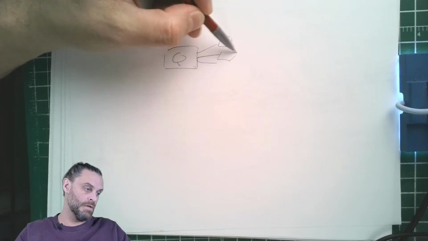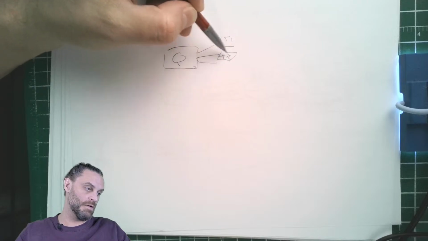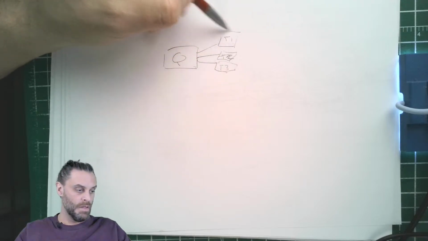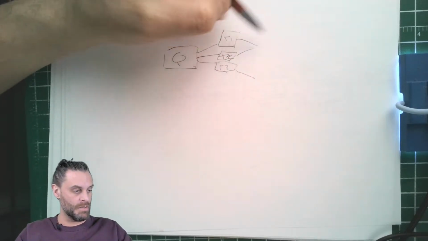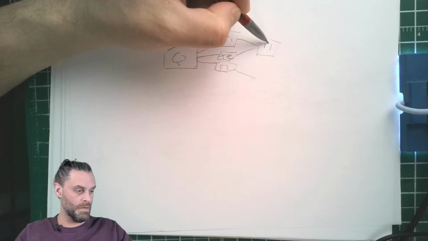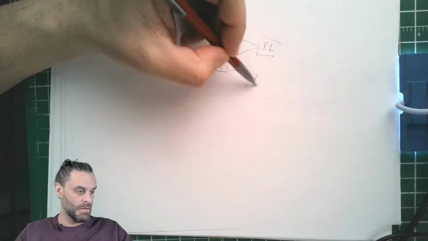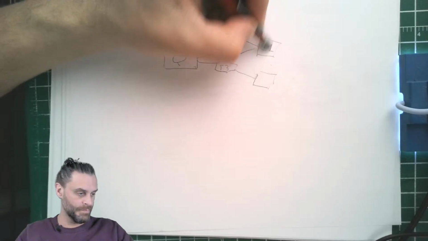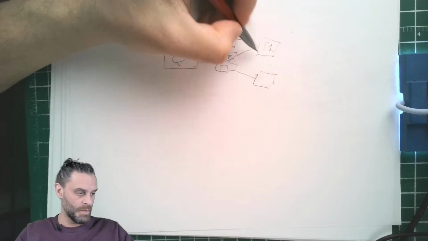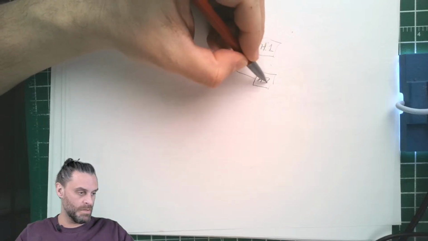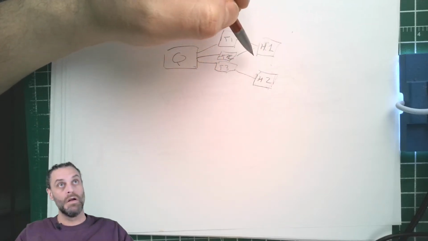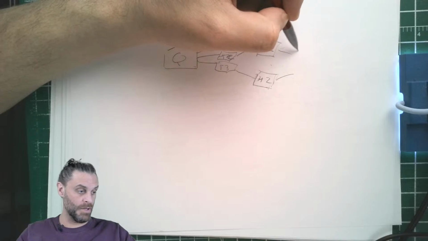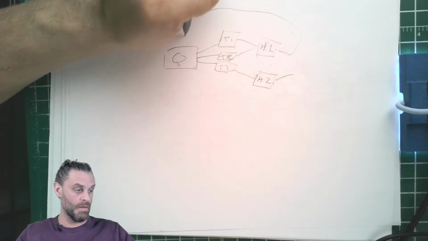T1, T2, T3, whatever. These will have implementations, or they will be handlers. So we'll just call them H1, H2, handlers, which themselves could have queues.